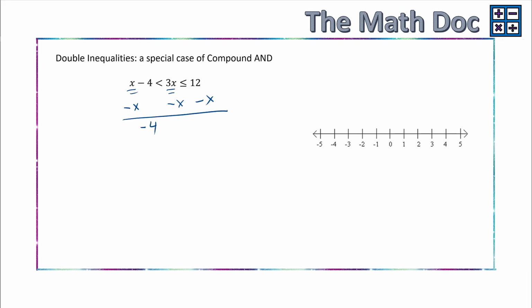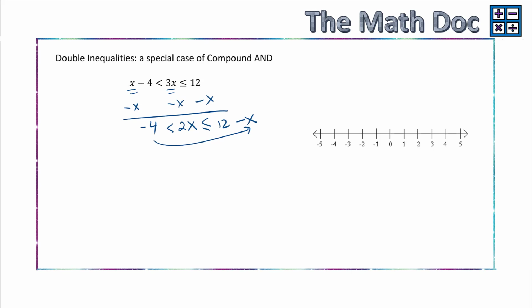We'll remain with minus 4, and then in the center we'll have just 2x, but then on the right we'll have 12 minus x. So we haven't achieved anything, because we just moved that x from one side to the other, but we haven't isolated the x to one part of the inequality.